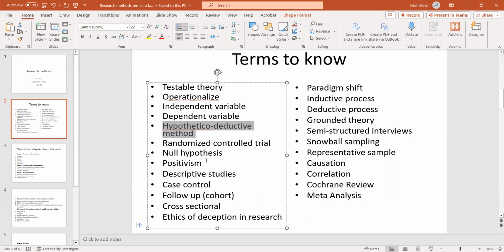So that's the hypodeductive method: you set it up so that your null hypothesis is that there's no difference between these groups. And I'm looking to see what's the likelihood that I would get a mean of 3.3 from a sample if the true mean was 2.7.